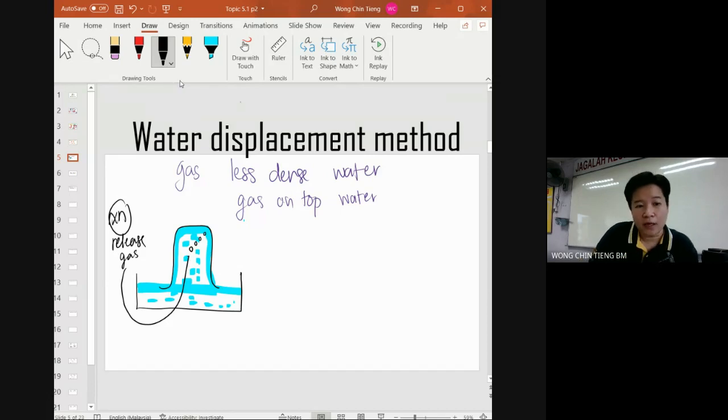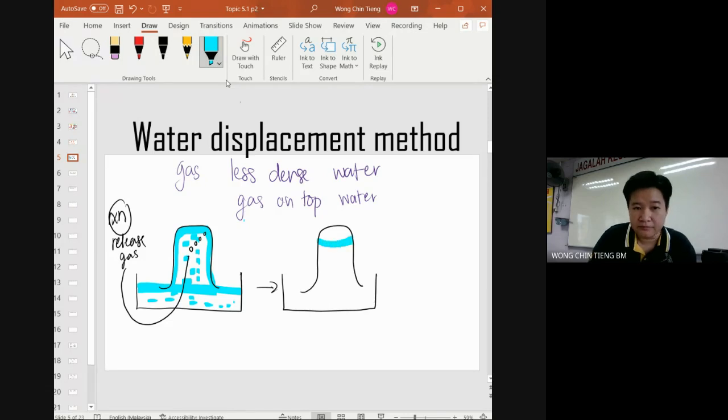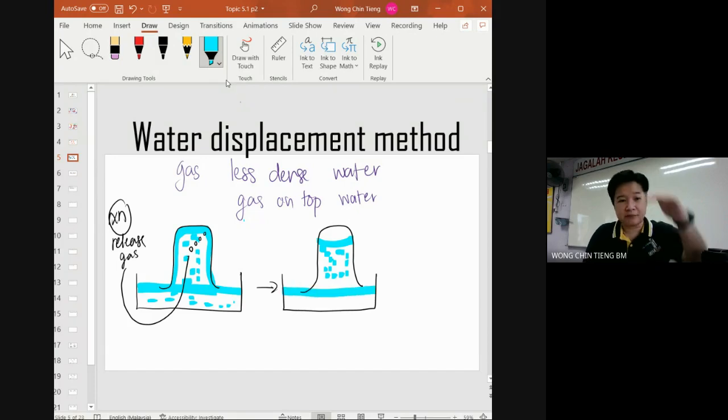Okay, and then what happened is, alright, what happened is, the beaker over there, eventually, air dia akan berkurang. Air dia duduk sini je. Okay. And air kat bawah ni, tadi air kat bawah hanya tutup permukaan dia. Tapi sebab air kat beaker turun, so air kat bawah akan bertambah.